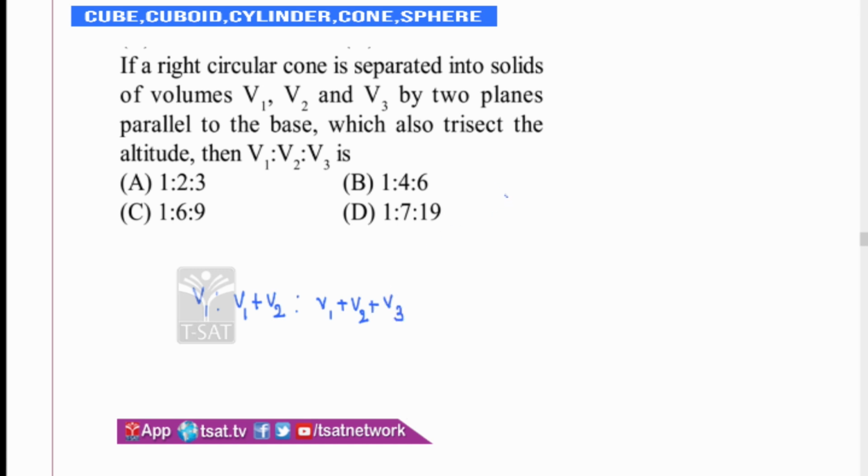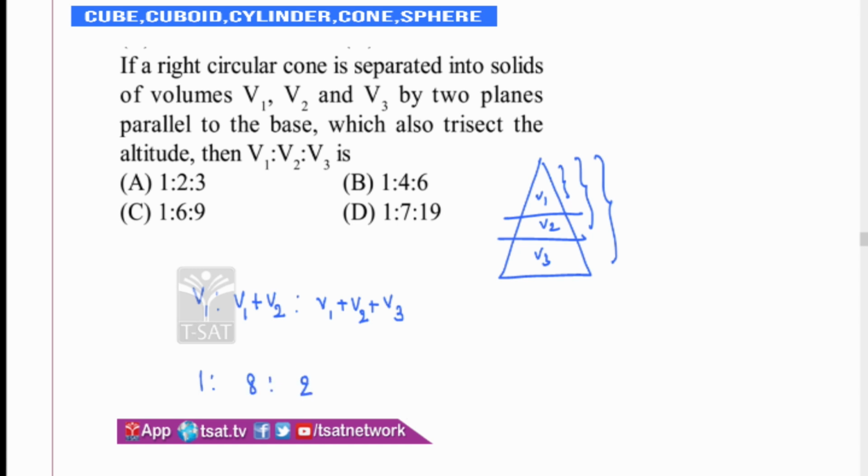While explaining the properties of a cone, if you are trisecting it by using 2 planes, this is V1, V2, V3. So V1 is a cone, V1 plus V2 is also a cone, V1 plus V2 plus V3 is also a cone. Now how do the radius and height vary? It is in the ratio 1:2:3. Therefore, when it comes to volume, the ratio becomes 1 cubed : 2 cubed : 3 cubed, which is 1:8:27.